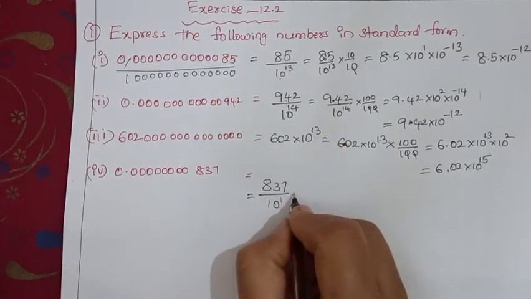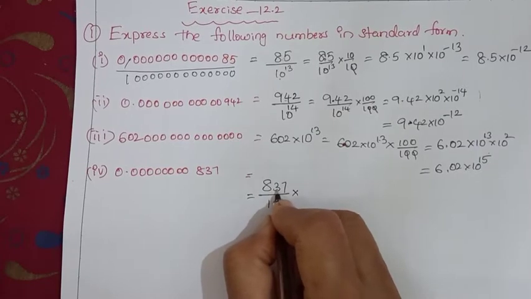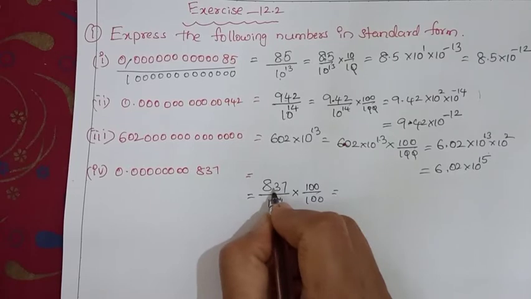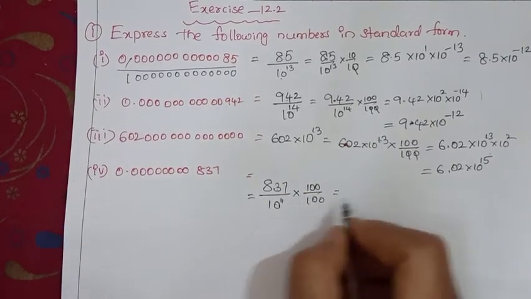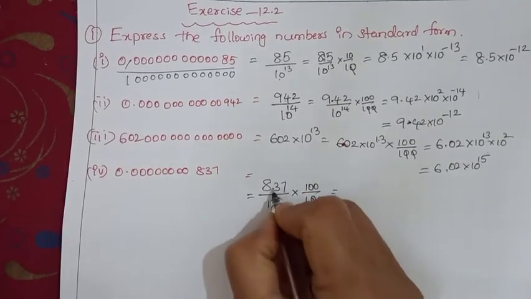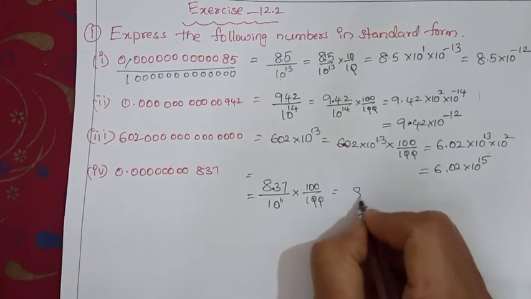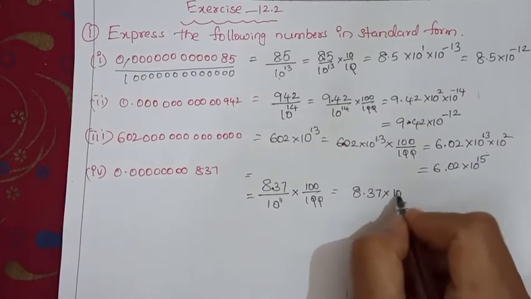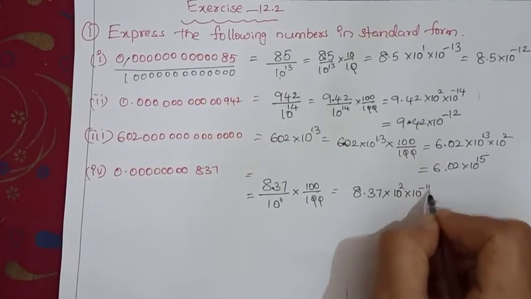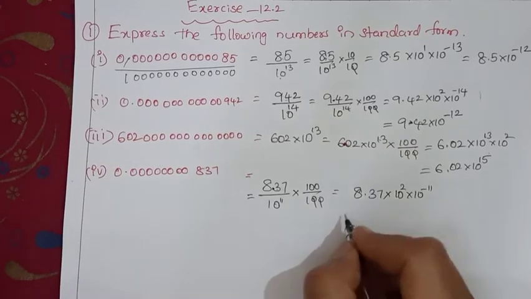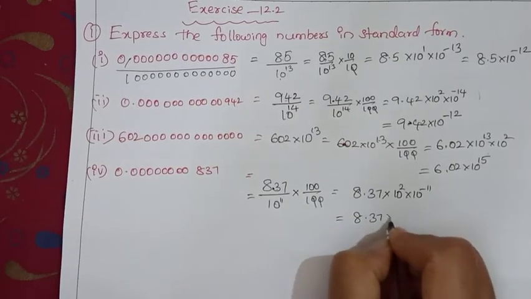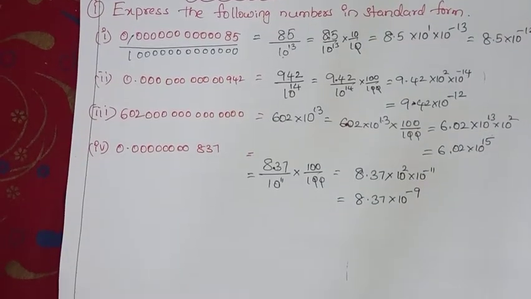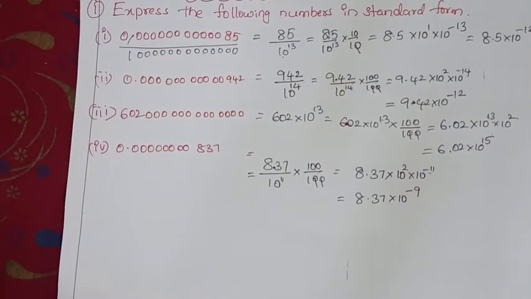Now I need to multiply and divide by 100, because I have to place the decimal after 8. So I'm going to remove this and place the decimal here. So this is 8.37 into 10 square into 10 to the power of minus 11. This is 8.37 into 10 to the power of minus 9. Okay, 2 minus 11. Understood, children?